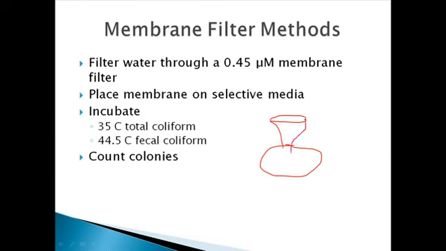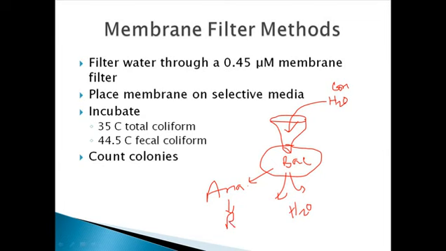Through the funnel we add contaminated water, then the water comes out easily, and the bacteria are trapped in this filter. We can analyze this filter. After analysis, we can derive results, whether the water is contaminated with microorganisms, with coliforms or not.